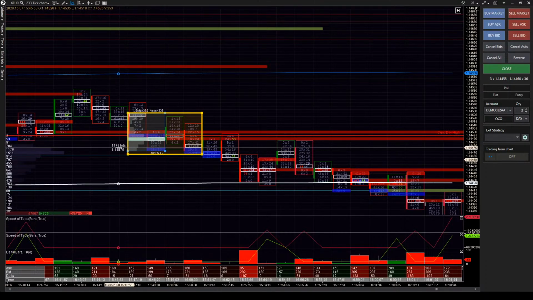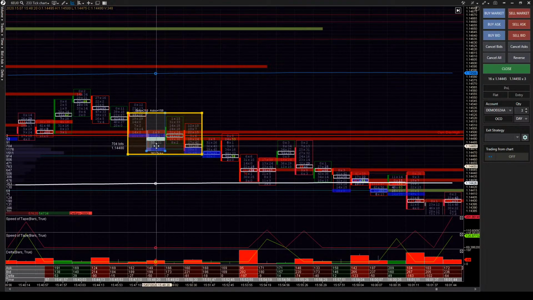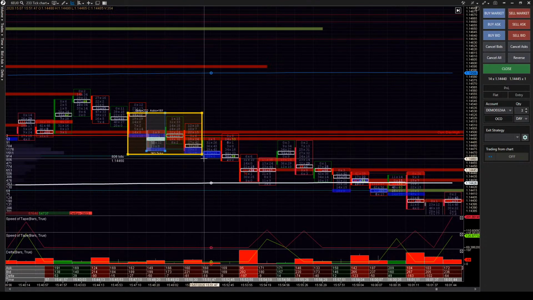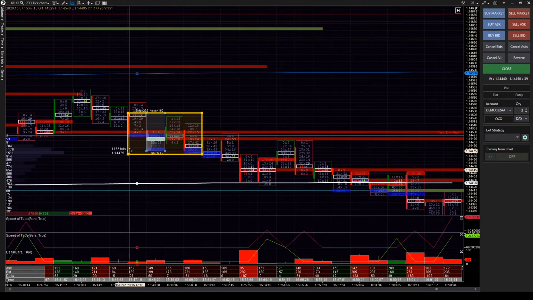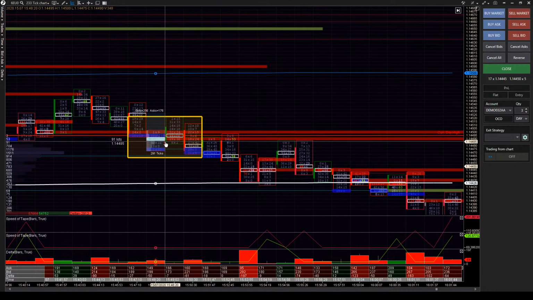I'm moving the wrong chart. Okay. Here we go. We see this 2098, this 8 by 2. Let's call it the sweet spot that needs to be filled. So I'm gonna put a horizontal ray line just above that area.